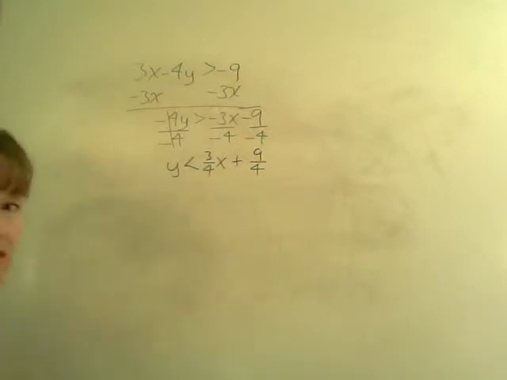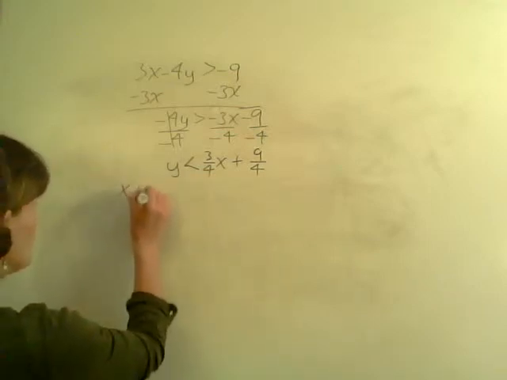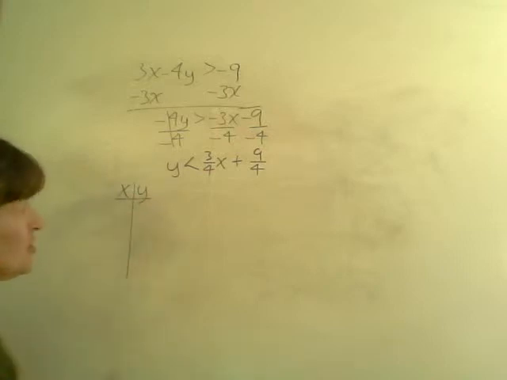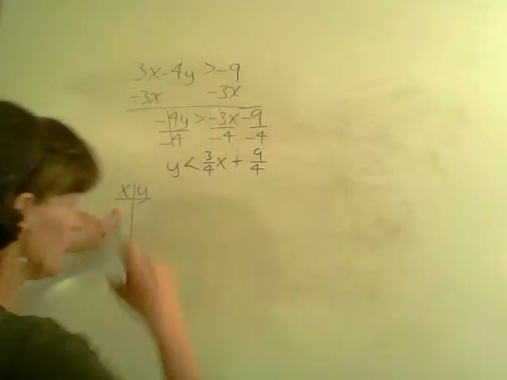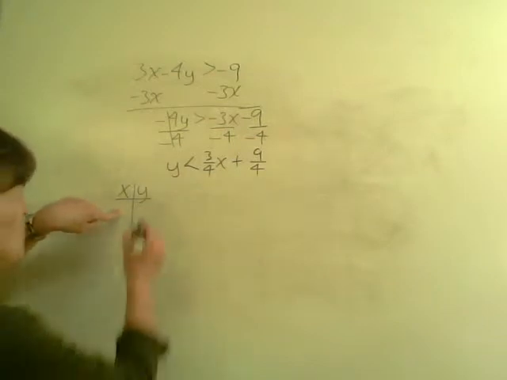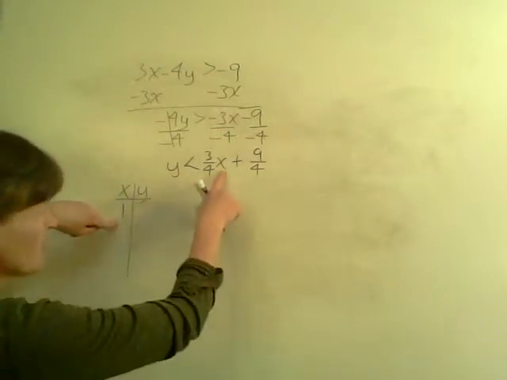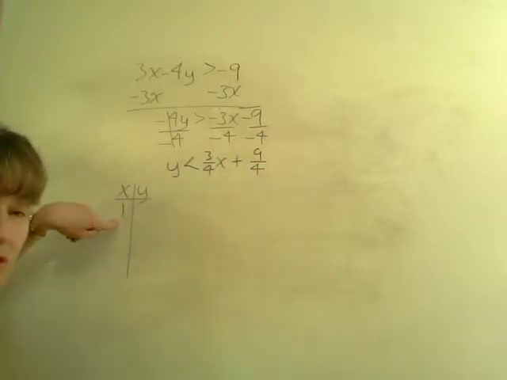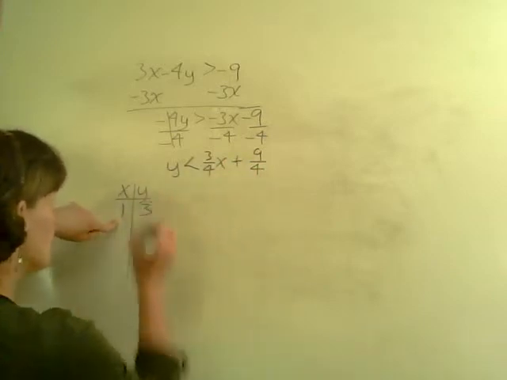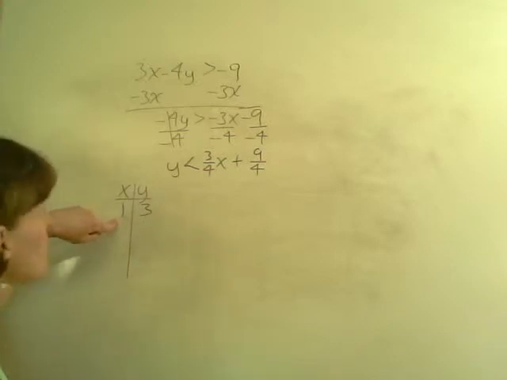All right, so this is my line that I'm going to graph. I'll pick my points. You can just pick any x's that you want. Now, this one has fractions in it. I'm going to pick x as 1 because when x is 1, this is 3/4 plus 9/4, which is 12/4, and 12/4 is really just 3. So that's a nice, pretty point.